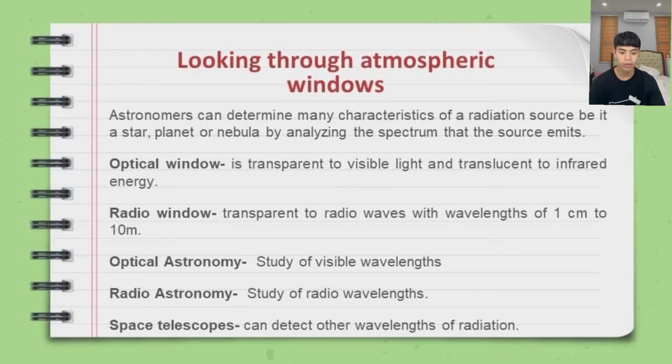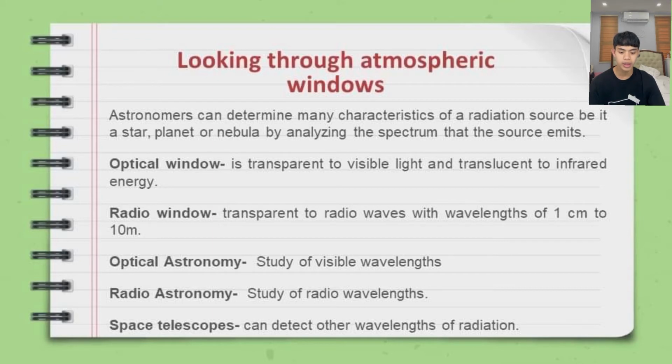We have the optical window. It's transparent to visible light and translucent to infrared energy. This means that nearly all visible light waves penetrate the atmosphere, but only some infrared radiation does. Next is the radio window. The radio window is transparent to radio waves with wavelengths between 1 cm and 10 meters.